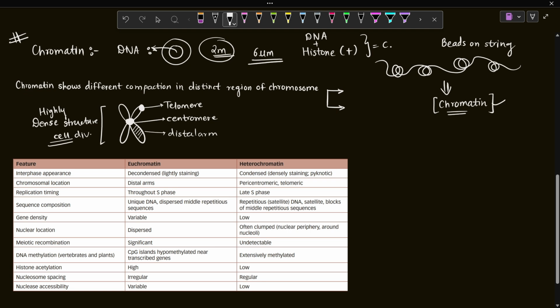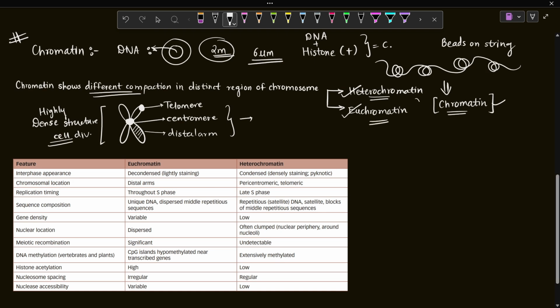So depending on the degree of compaction, tightly packed or loosely packed, we call them heterochromatin and euchromatin. The densely packed structure is known as heterochromatin, while the loosely packed structure is called euchromatin. Whenever there's staining of chromosomes, the densely stained is heterochromatin, while the faintly, lightly stained is euchromatin.